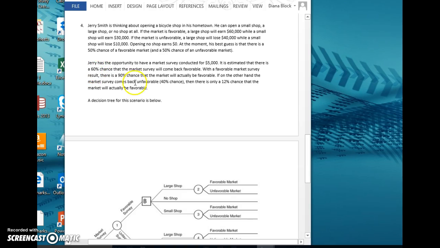So you see here there's a 90% chance that it'll be a favorable market, which means it'll be a 10% chance unfavorable. And if the market survey comes back unfavorable, that's a 40% chance. So all of the numbers that you need for the EMV formula are in the paragraph. So make sure you refer back to that.